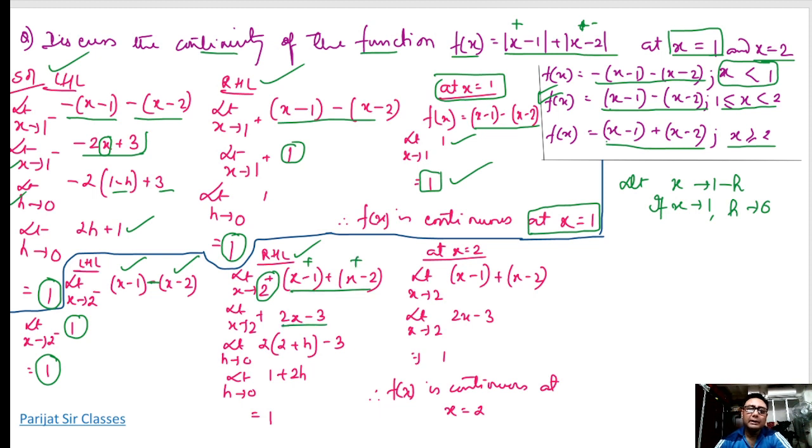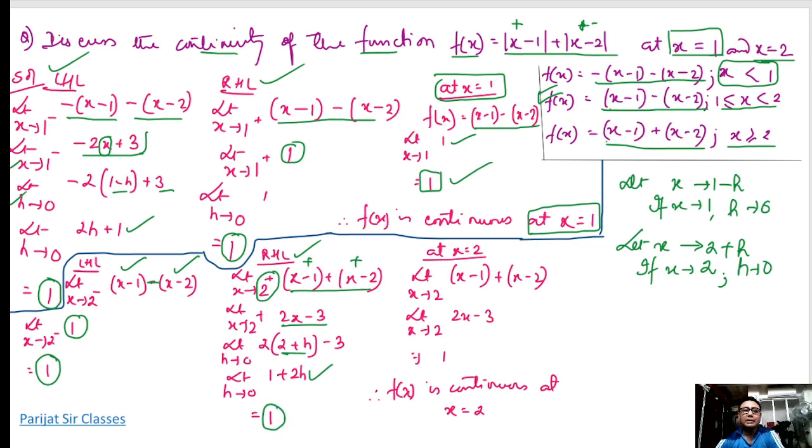Now let us take x as 2 plus h. If x tends to 2, h tends to 0. So then this comes out to be this. Putting the value of h as 0, we get this.